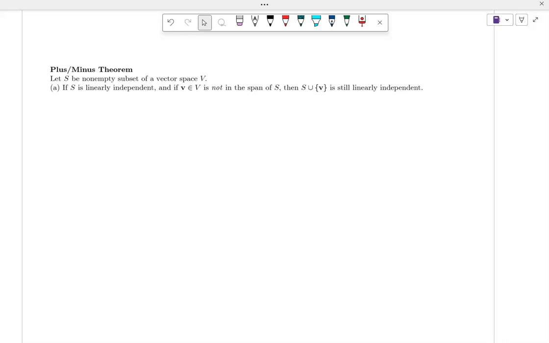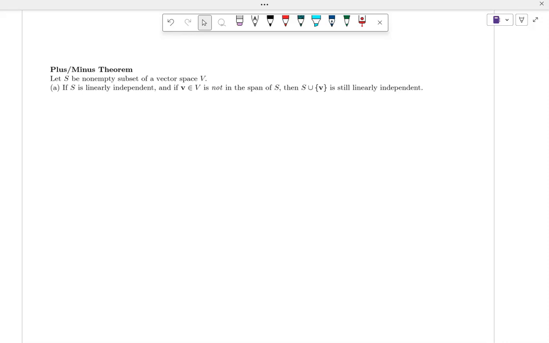So the idea here is that if I start with a linearly independent set and I take another vector that's not in the span, so I cannot write that vector as a linear combination of the previous ones, if I throw that in, I still have a linearly independent set. And that makes sense if you think about that, give more information, right? So this set S is giving me some information, but there's not enough information here to give me that vector, right?